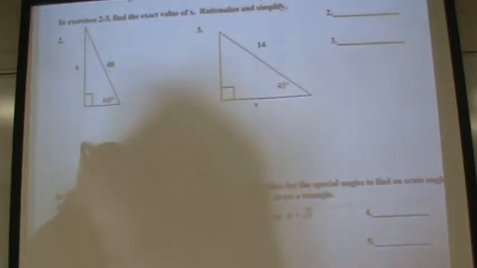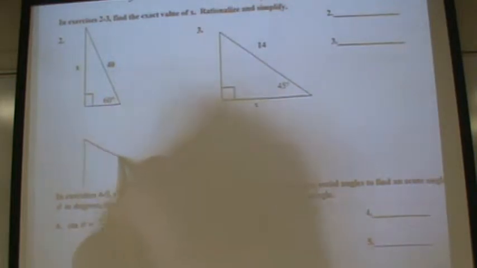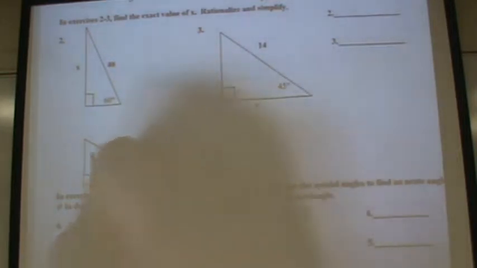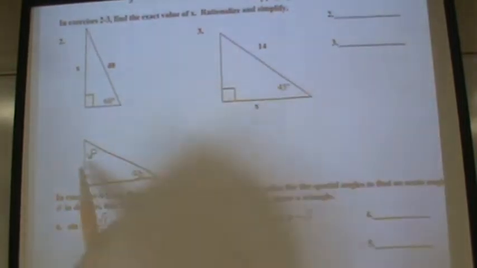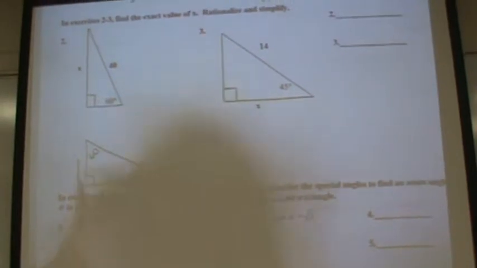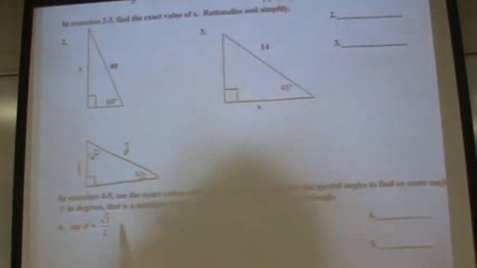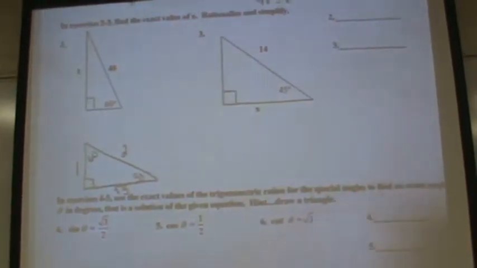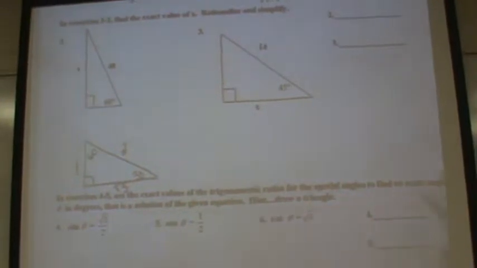So if it helps you remember, draw your 30, 60, 90 triangle. So this will be our 30, this will be our 60. Now you know that the shorter side is 1, the hypotenuse is 2, and your longer leg is root 3 in your standard 30, 60, 90 triangle.